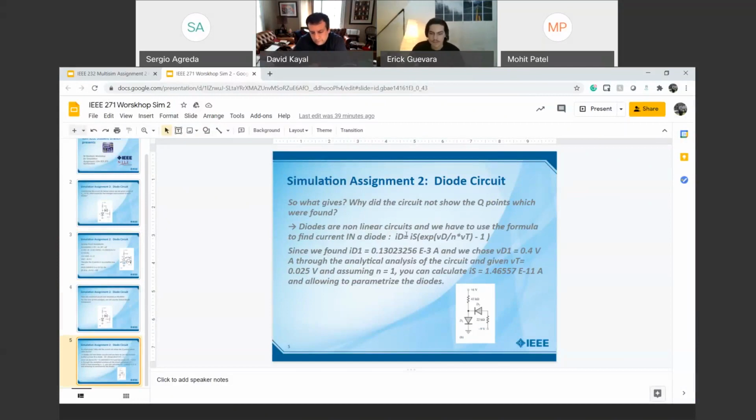So ID is the current that goes through the diode. Saturation current is a variable that the diode comes with when it's manufactured. It's part of its characteristic, something chosen in industry to give the diode its behavior. Same with the voltage drop that you want to see across the diode, that's chosen by industry.